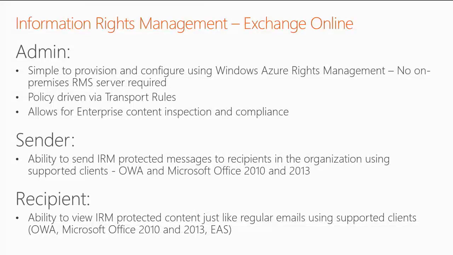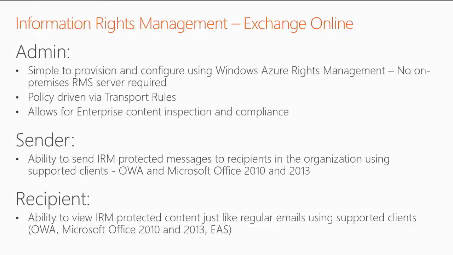So here we go. We're going to talk a bit about the admin, the sender, and the recipient personas, just like we did for OME. The admin does need to sign up for Azure Rights Management if they don't already have it. They don't have to have an on-premise RMS server anymore. You can use Azure Rights Management. And it is policy-driven.